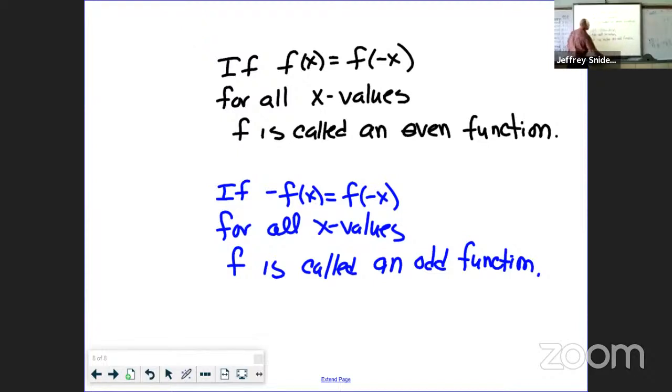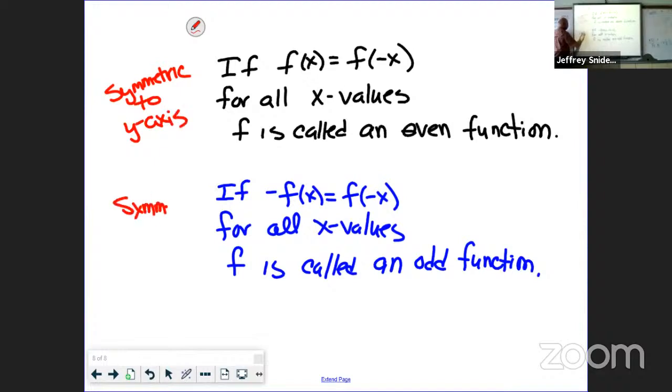And again, we can write this down up here. We can say this is symmetric to the y-axis. And this is symmetric to what? The origin. Okay?